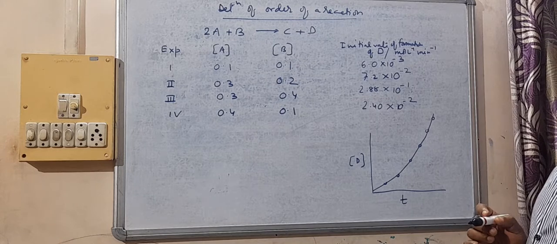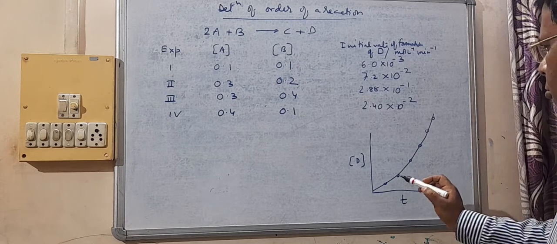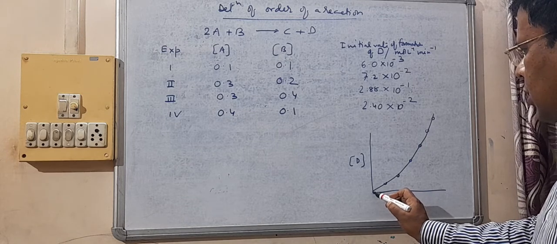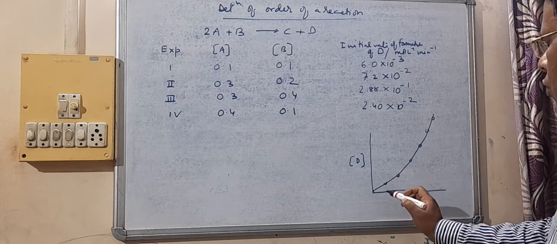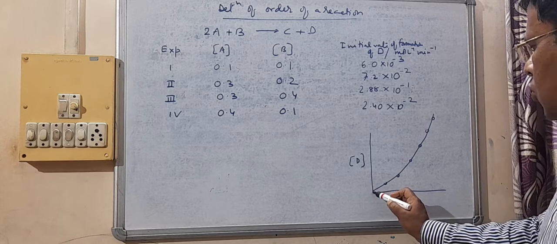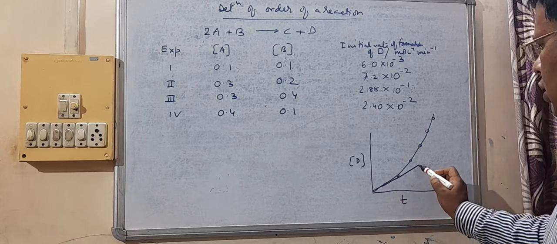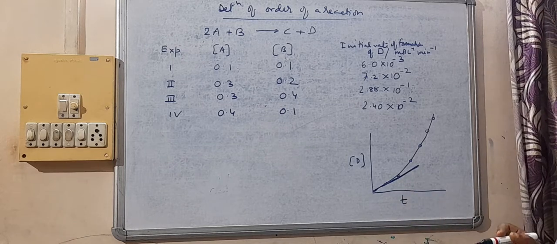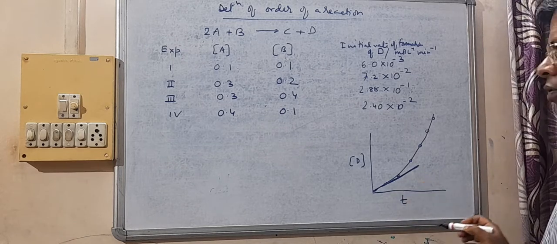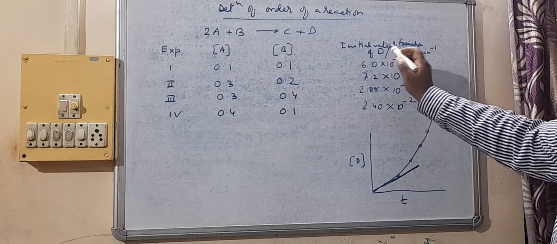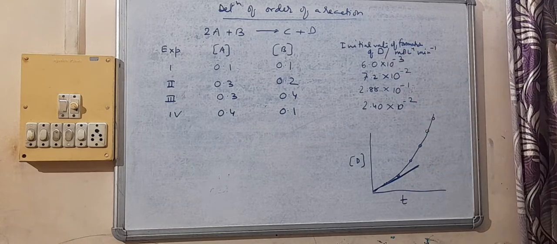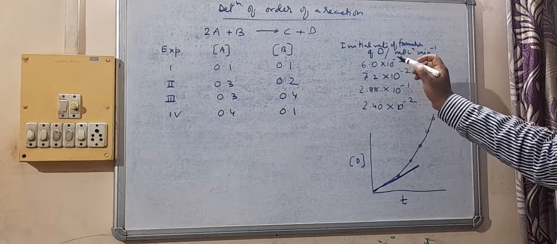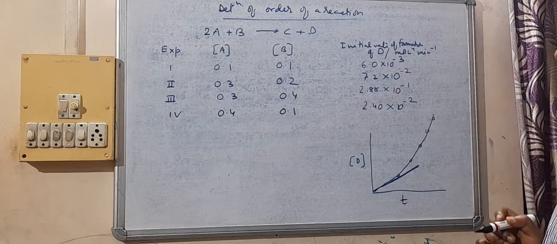At t tends to 0, we have to draw the tangent. The slope of this tangent will give us the initial rate of formation of D. Initial rate means at time t equal to 0.